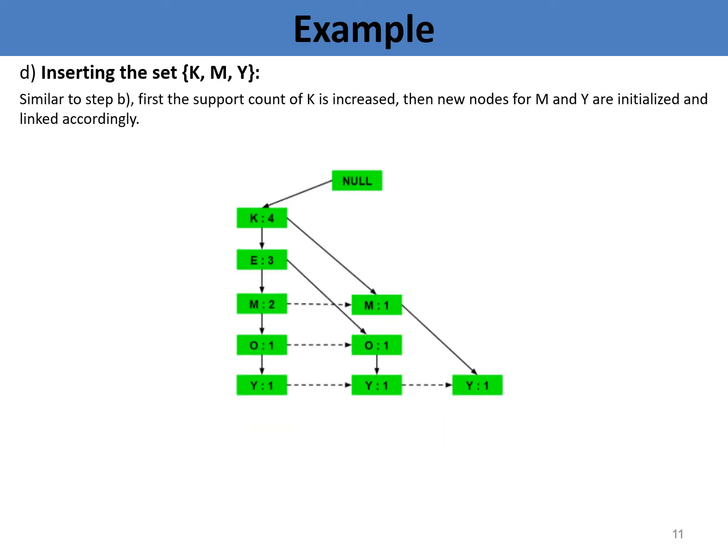Next is to insert the set KMY. So K is already there in the tree. After that, we want M in sequence.